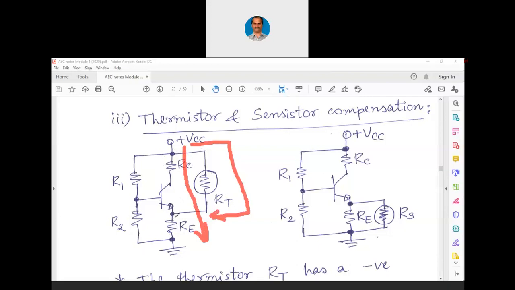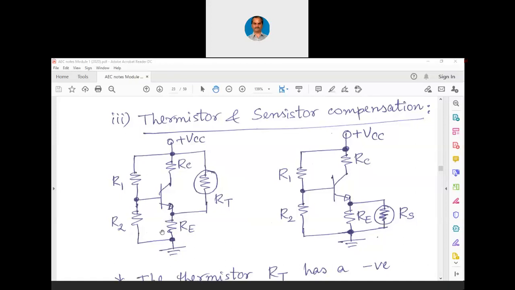So the net current across RE will not be actually IE, it will be more than IE. Now when temperature increases, RT reduces. If RT reduces, current across this path increases. If current across this path increases, the drop across RE increases.